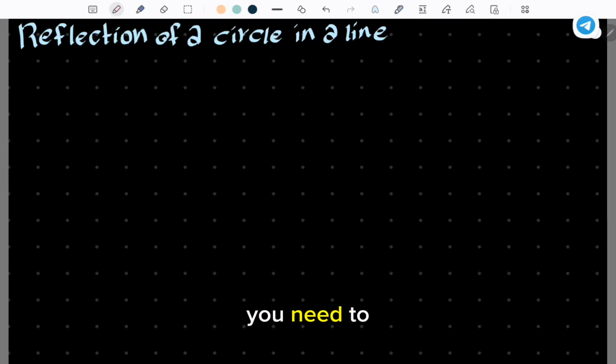One thing you need to remember before you start studying this topic is the standard equation of a circle. So this is (x minus h) squared plus (y minus k) squared equals r squared. I think we're all familiar with this circle equation.